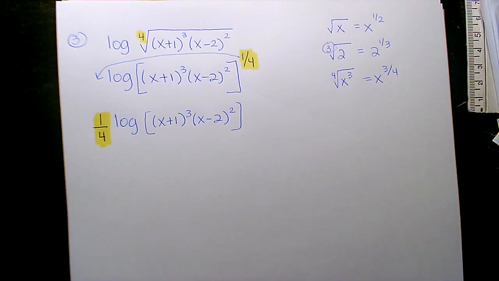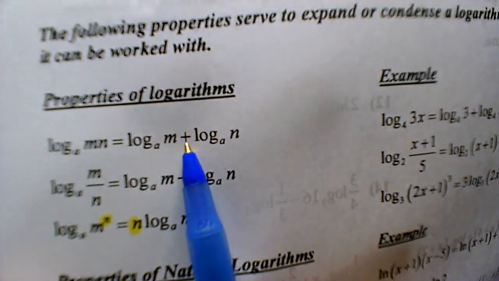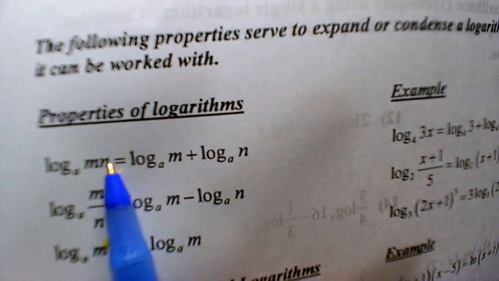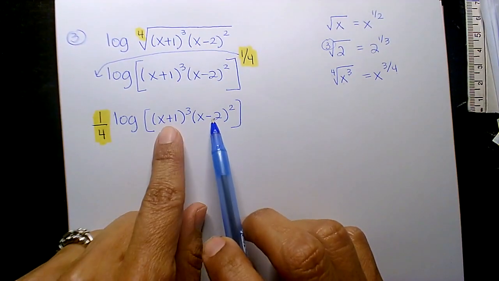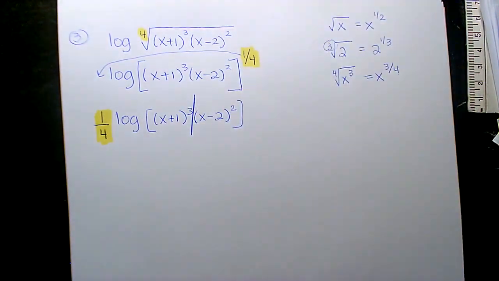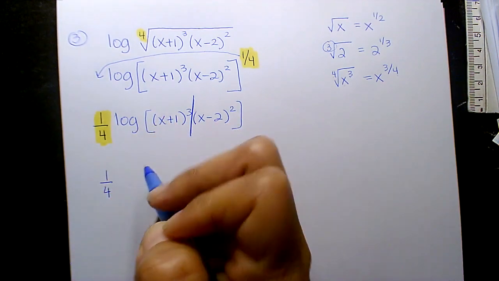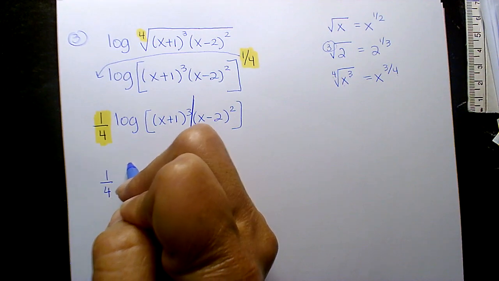So I want to utilize the product property, which is when you're multiplying multiple bases, it's an addition, correct? See, multiplication. Here are those 2 bases. So I'm going to split these 2 and put an addition symbol. Okay, so 1/4. Now I'm going to put a big bracket to break this up.